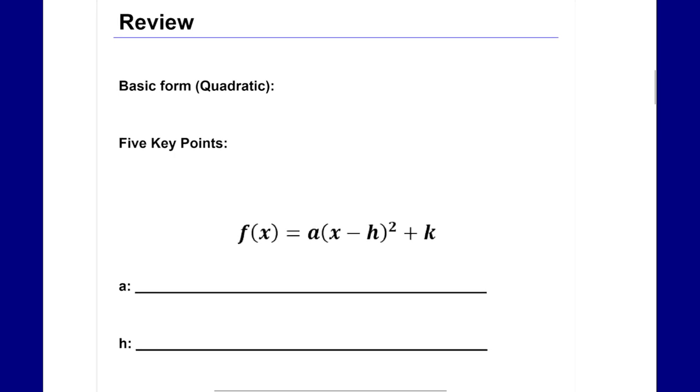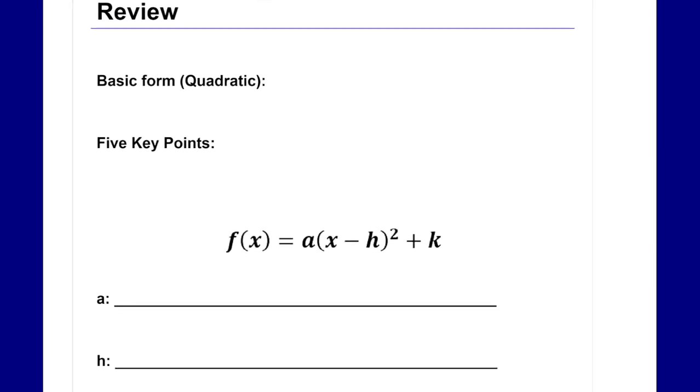So a little bit of a review, right? The most basic form of a quadratic that we know is f(x) equals x squared, or you could rewrite it just as y equals x squared, whatever your preference is. f(x), again, is just the function notation. There are 5 key points to our quadratic.